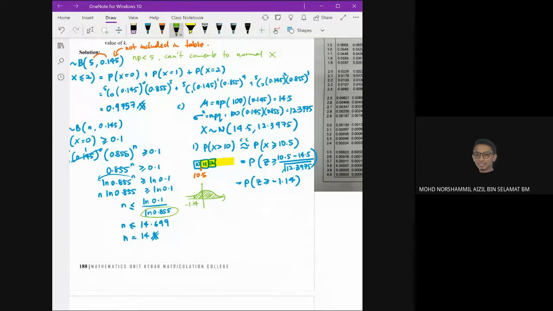So kita kena buat apa ni? Oh, complicated kat soalan ni. Reflect kan? We need to reflect and then we do 1 minus probability of Z greater than or equals to 1.14. Okay, tengok kat table 1.14.